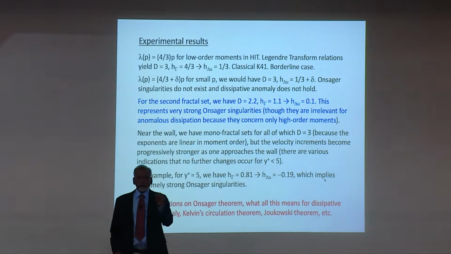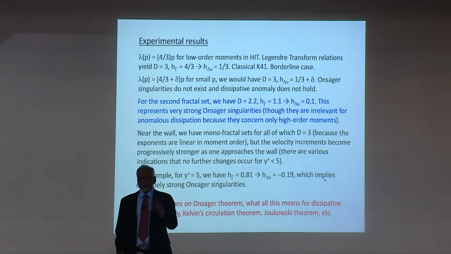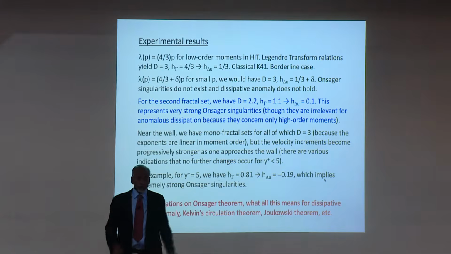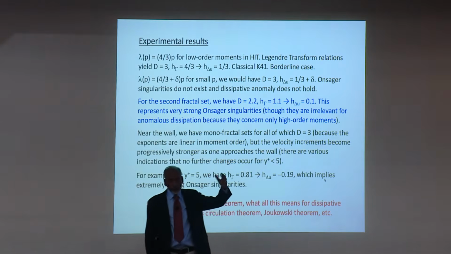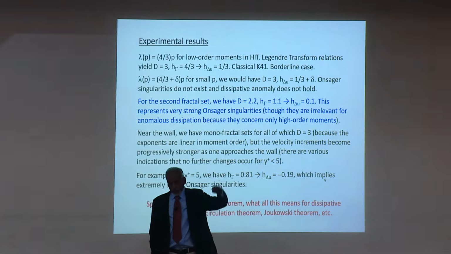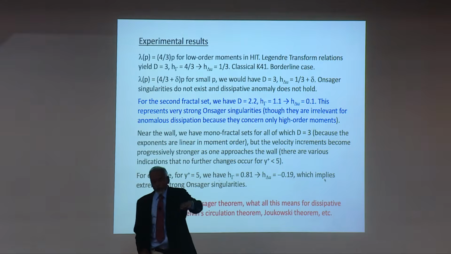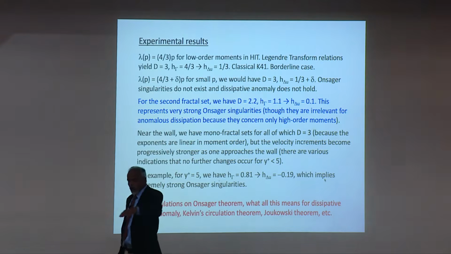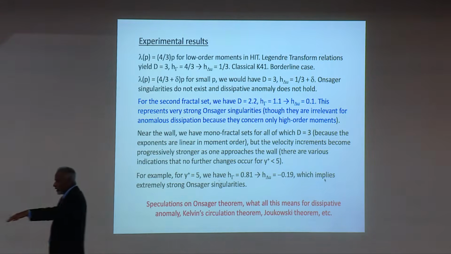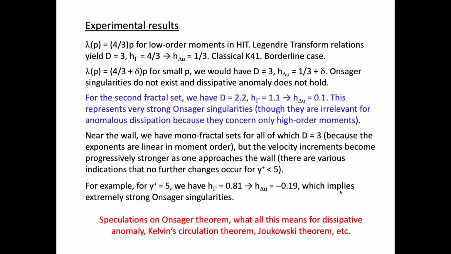In fact, if the exponents are slightly different from 4/3, it is not there. I mean, it looks very close to being anomalous. That is to say, you plot the dissipation with decreasing viscosity, it comes down and it remains flat. Instead of remaining flat, it may just slowly go to 0.